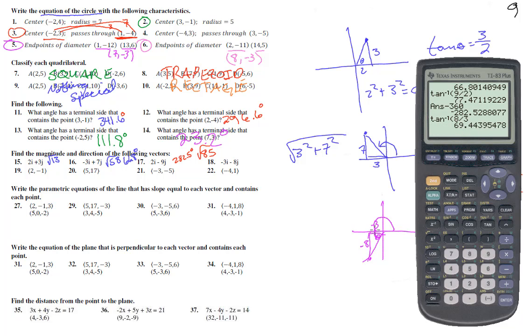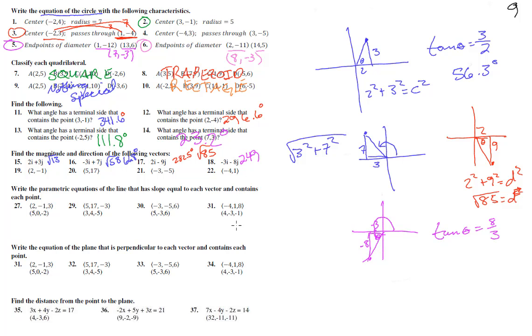Now notice, so we're 180 plus this 69 degrees. So now let's add to 180, and it's 249.4 degrees. Okay, and the magnitude, we get 3 squared plus 8 squared equals the distance squared. 9 plus 64 is 73. So we are the square root of 73. That's the magnitude of that vector.